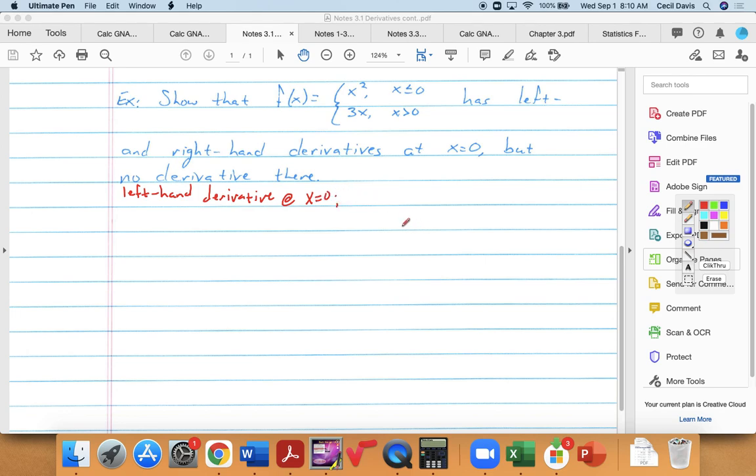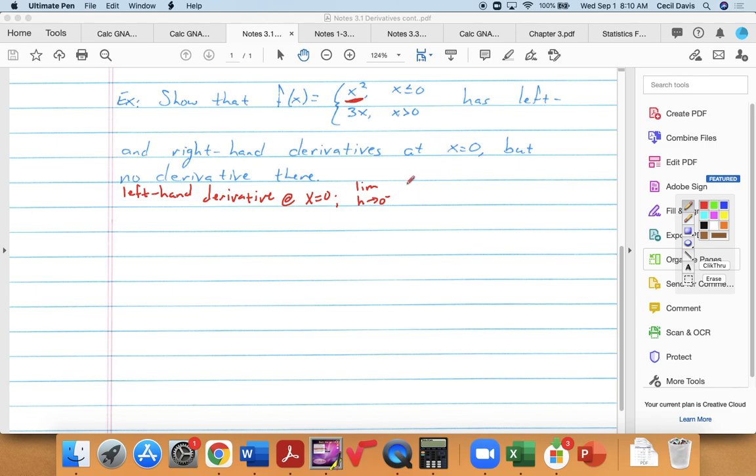So the left-hand derivative at x equals 0 will be the limit as h goes to 0 from the left of, since we're coming from the left, we're going to be using this part.